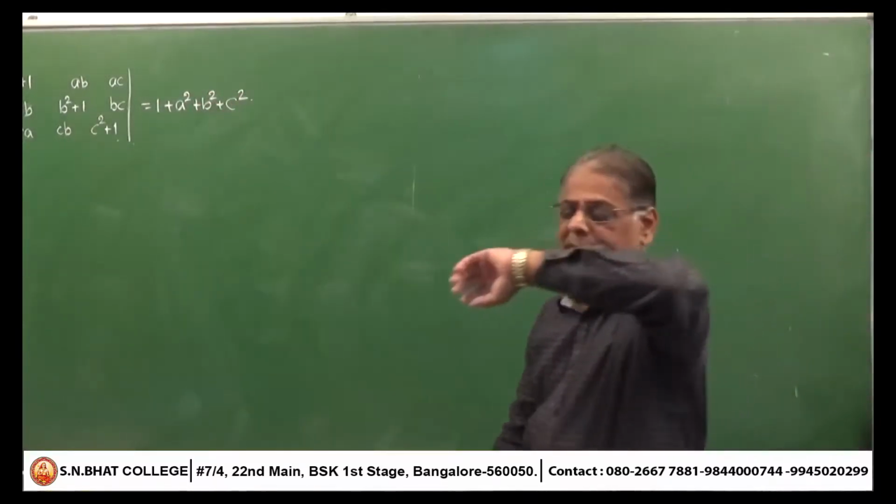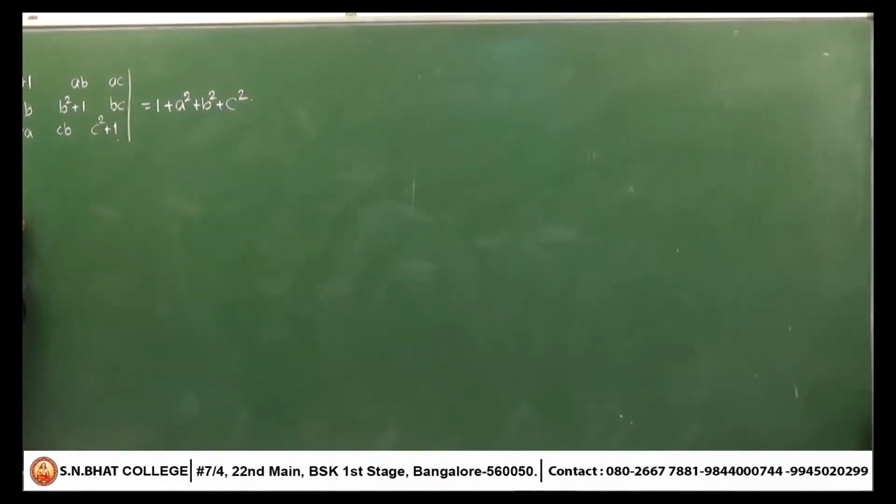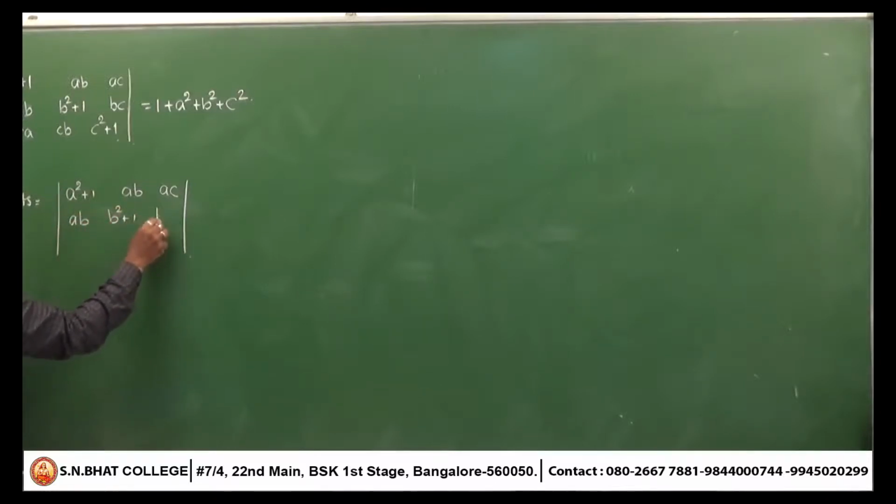Write the left hand side determinant. Left hand side is the determinant of a square plus 1, AB, AC; AB, B square plus 1, BC; CA, CB, C square plus 1.